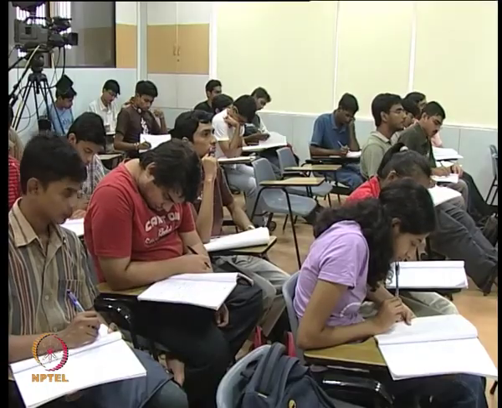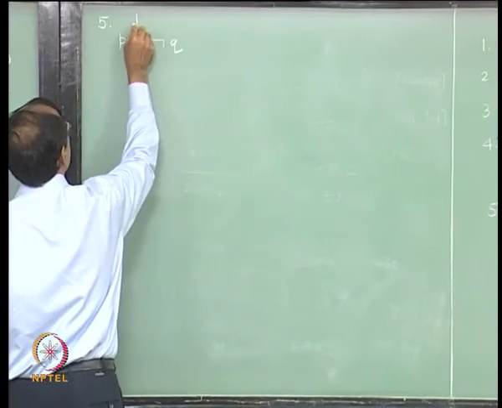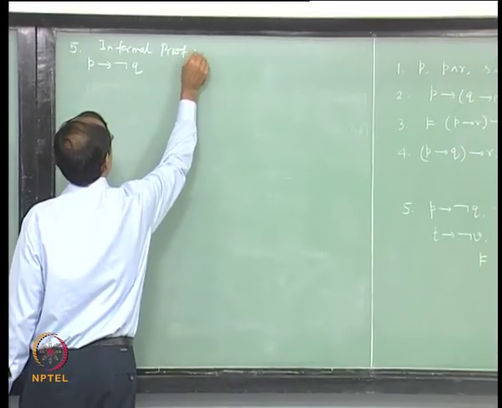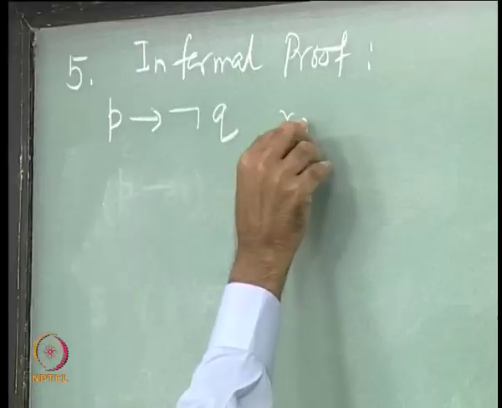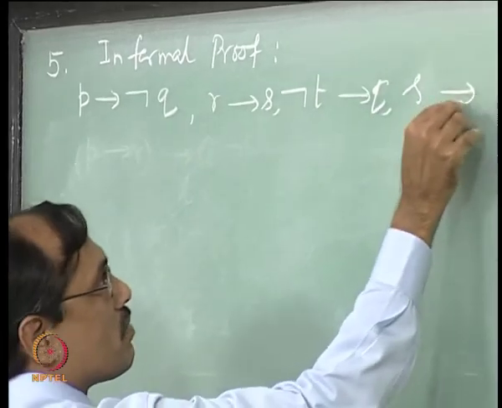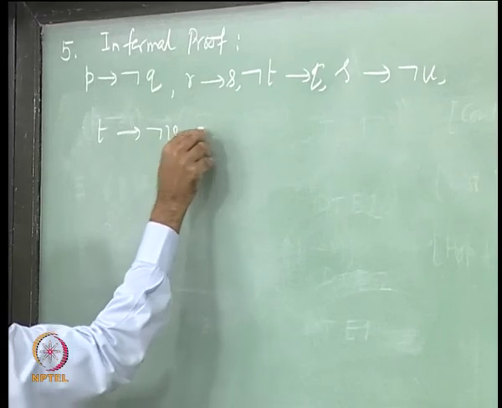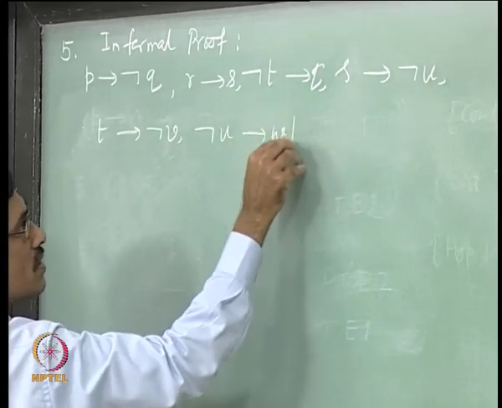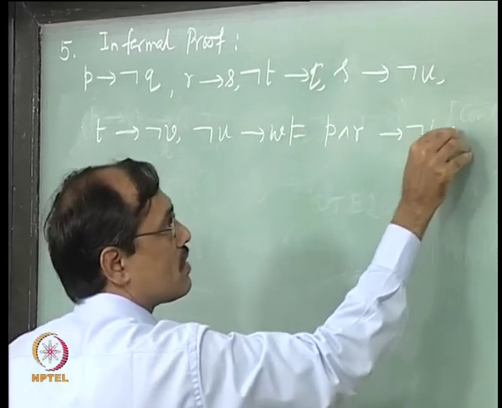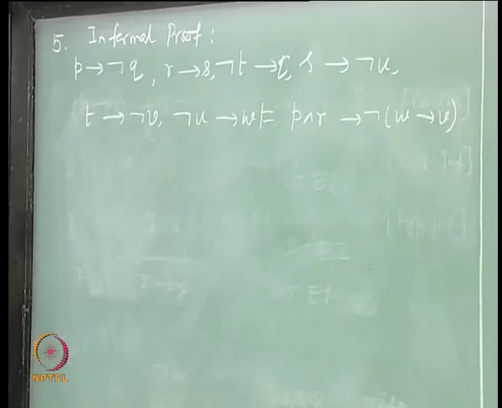We start with P implies not Q, and R implies S, not T implies Q, S implies not U, T implies not V, not U implies W. This entails P and R implies not of W implies V. So what is our plan?